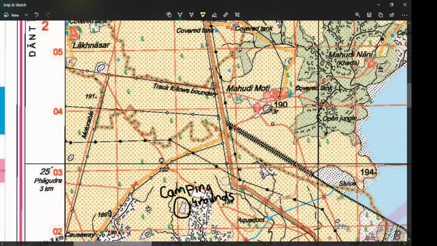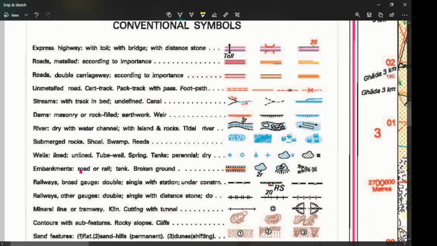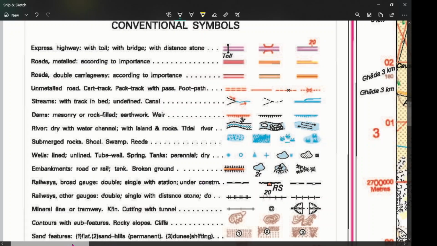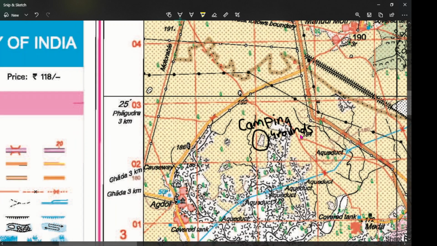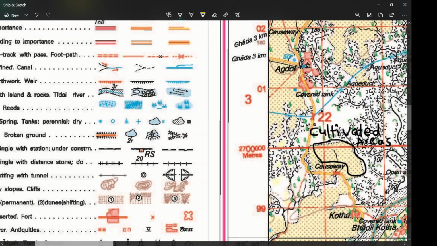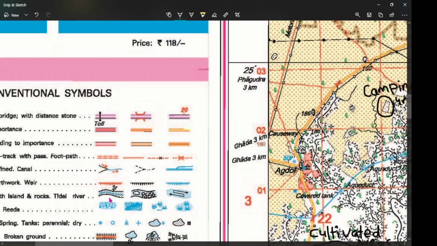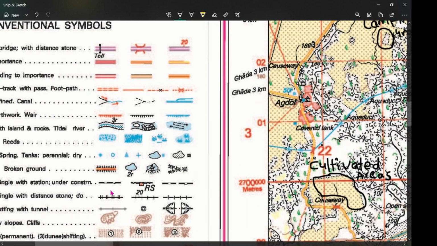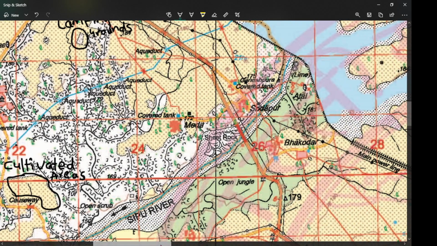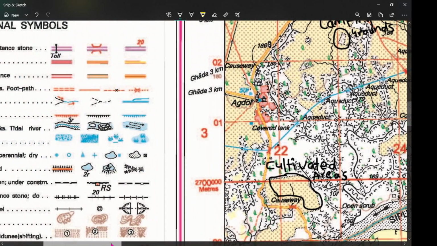This is road and rail. On both sides there are spikes. On one side or two sides.